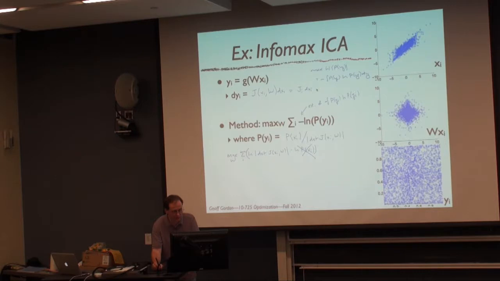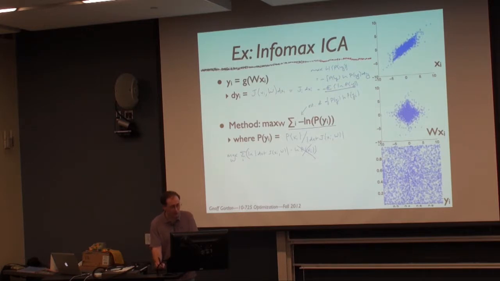And that's also equal to minus the expected value of the log of p of Y. Okay? And so we can estimate this expected value here with an empirical sample. So it's going to wind up being the sum or the average over a whole bunch of samples i of the estimated log probability at that sample. Okay?